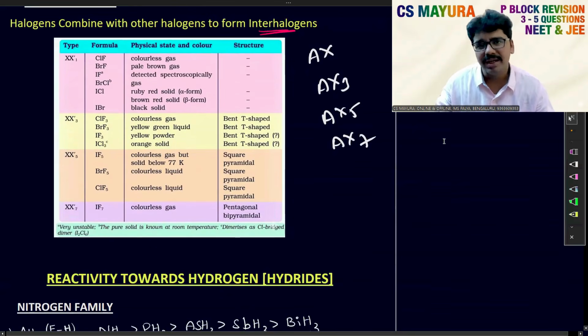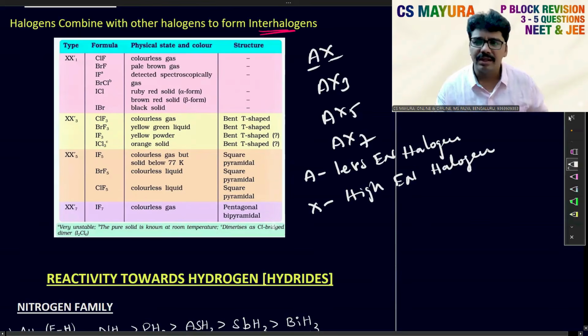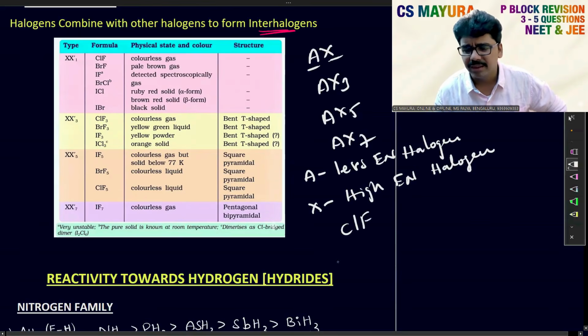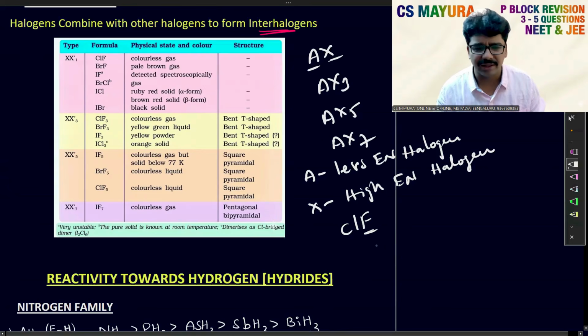Halogens with halogens, interhalogens. Here A is a halogen, X is also a halogen. A is the less electronegative halogen, and X is the more electronegative halogen. For example, ClF: fluorine is more electronegative, chlorine is less electronegative.